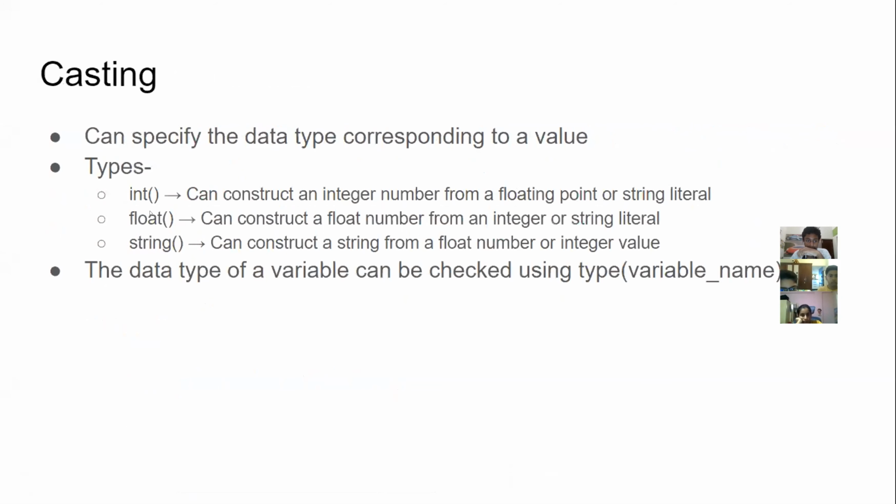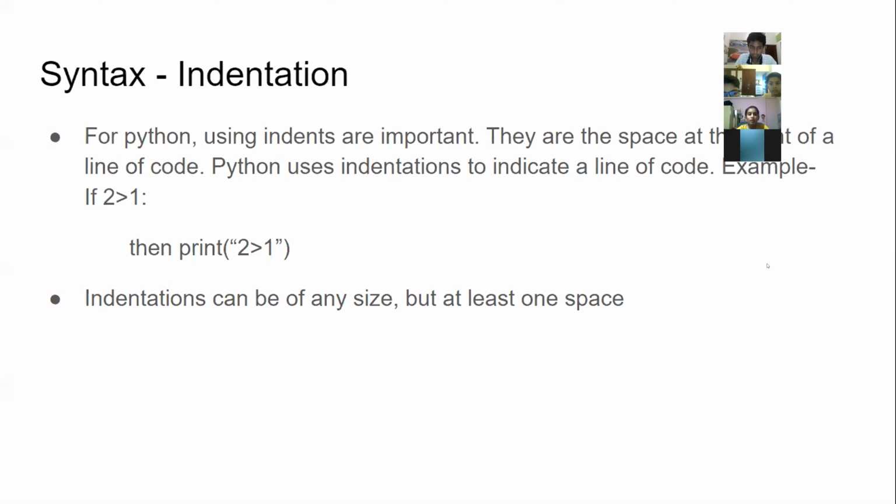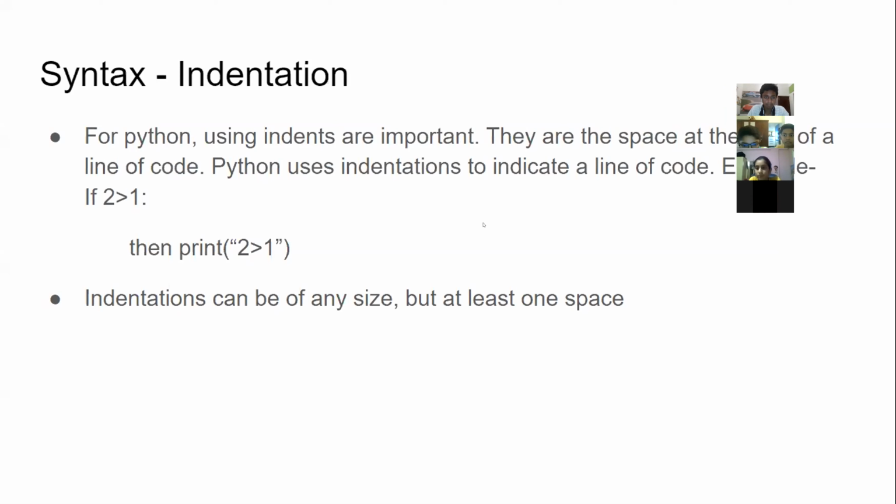Does that make sense? This is wrong syntax actually. Don't use the then. So this indentation is important. It can be of any size, but it just has to be at least one space. Does that make sense? Okay, cool.